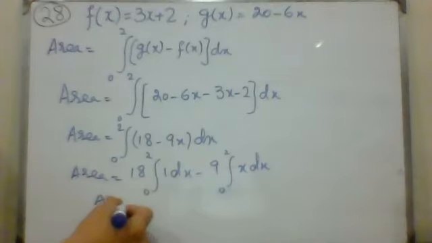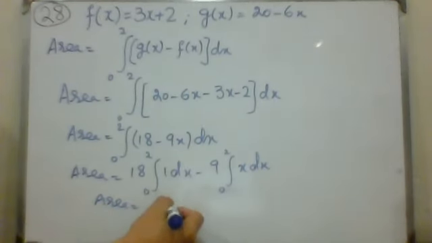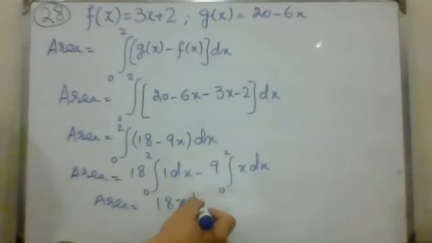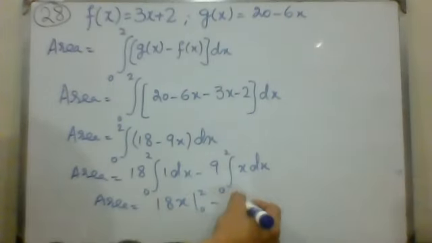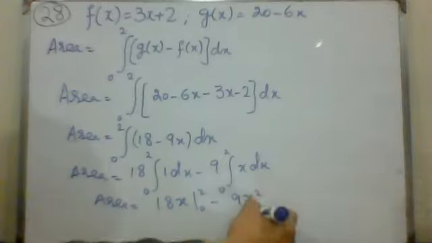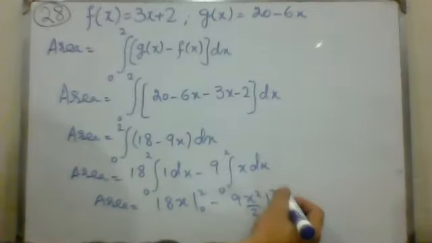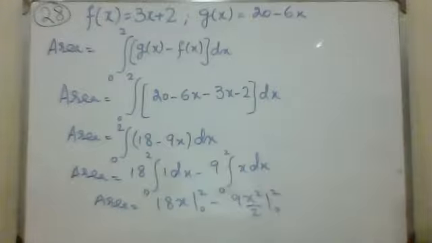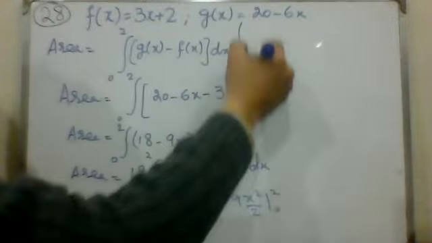Area is equal to 18 times the integral of 1, which is x, from 0 to 2, minus 9 times x square divided by 2 from 0 to 2. So now here we integrate that function.